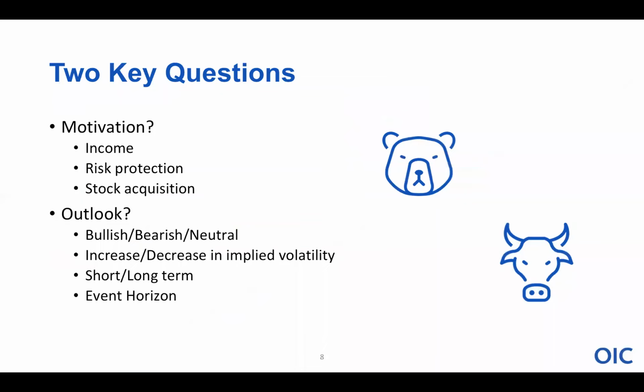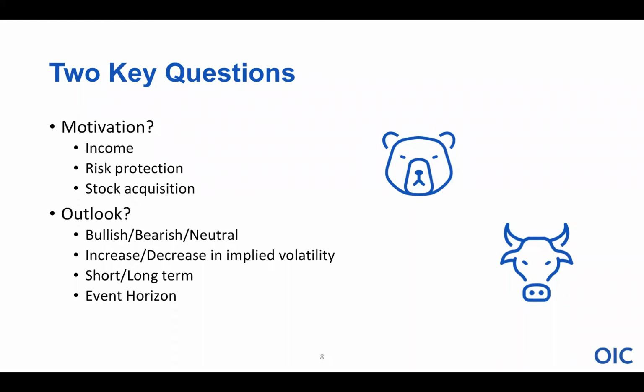So 2 things that investors always need to ask themselves before they put on an options trade are their motivation and their forecast. In looking at the option strategies we are going to talk about today, the motivation is we are looking to create an additional amount of income over and above near-term stock appreciation plus the dividends.